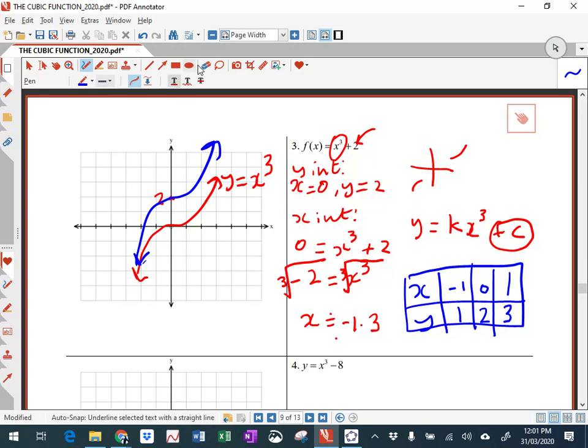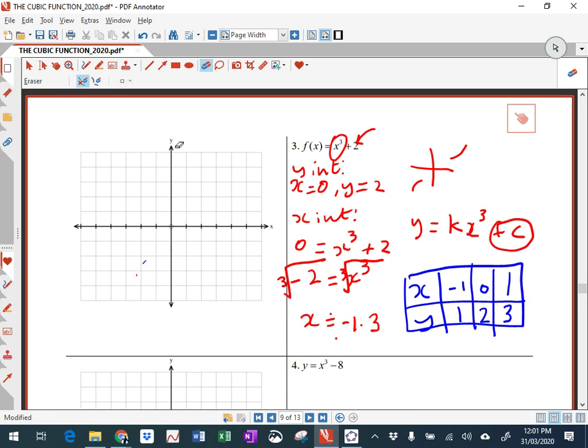So if I was going to do this a bit more accurately, I could rub this out. Using this scale, I'll go by 2s. So 0, 2, there's one of my points, and then -1, 1, there's another point, and then 1, 3, there we go.